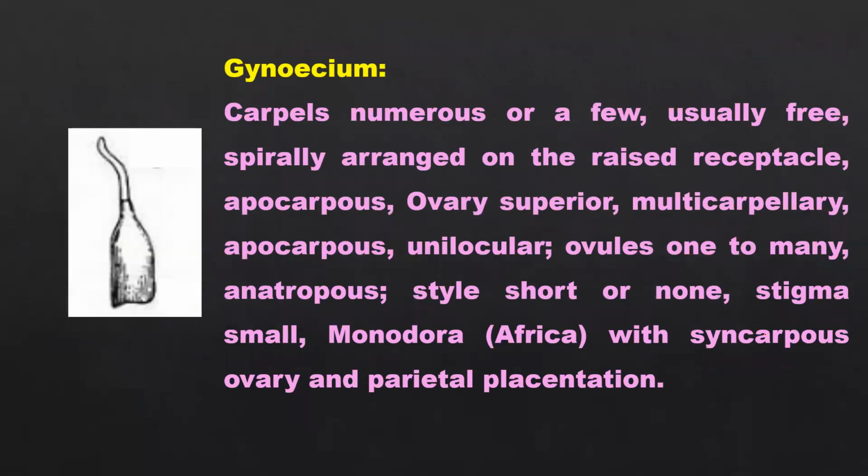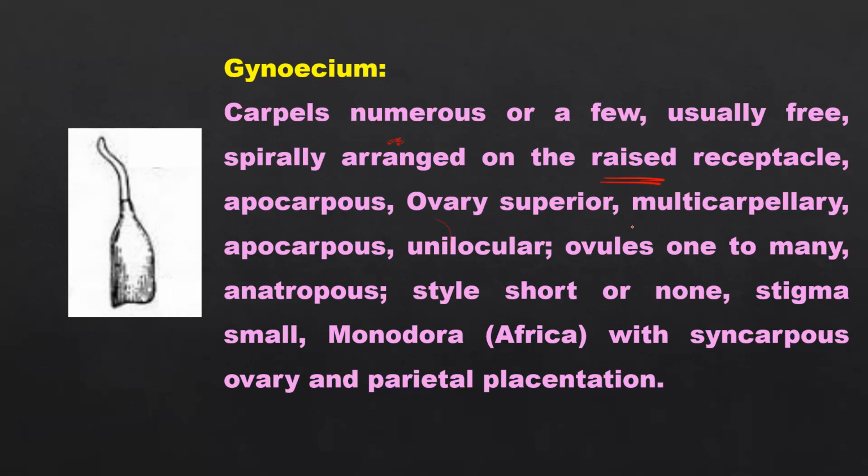Next, we'll move to gynoecium. The carpels are numerous. Pistils are many, but mind it, ovary is one chambered with many ovules. Usually they are free, spirally arranged on a raised receptacle. Fine.